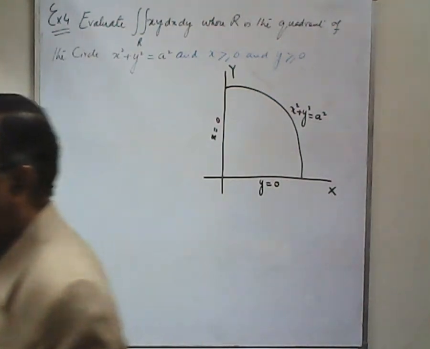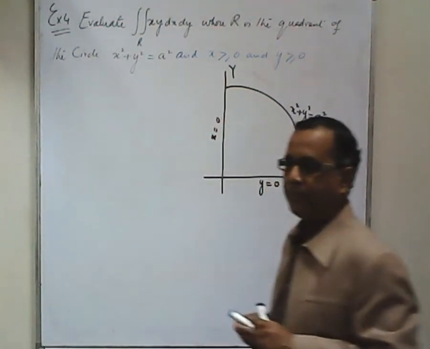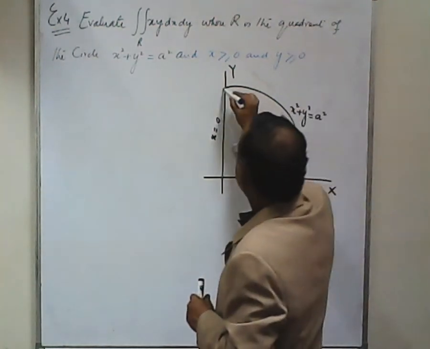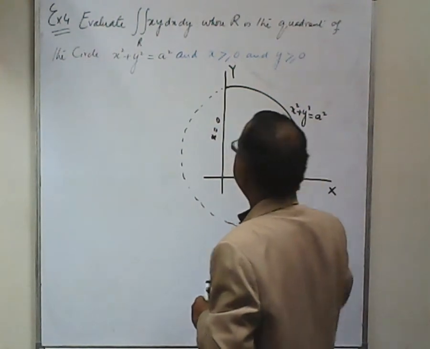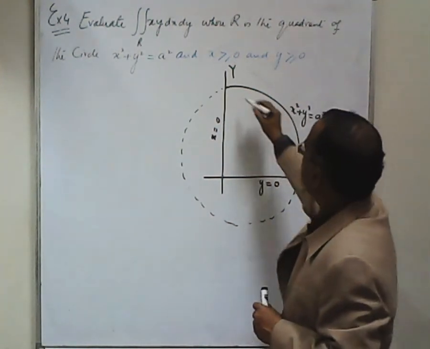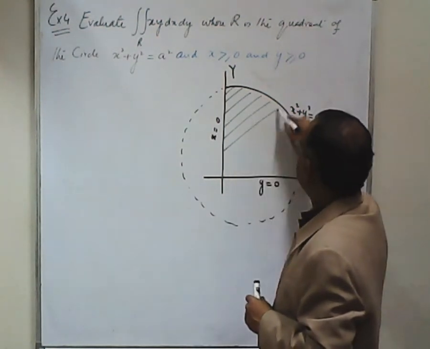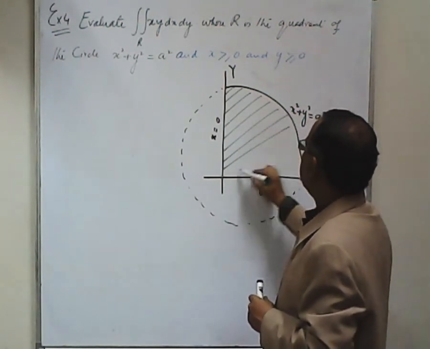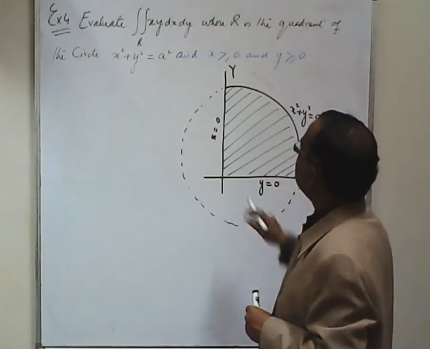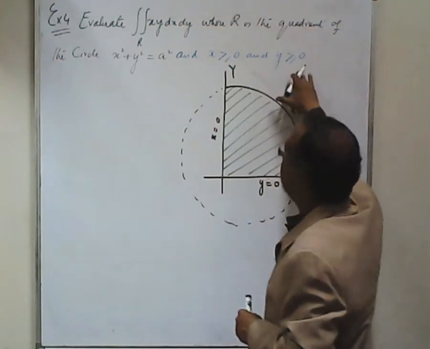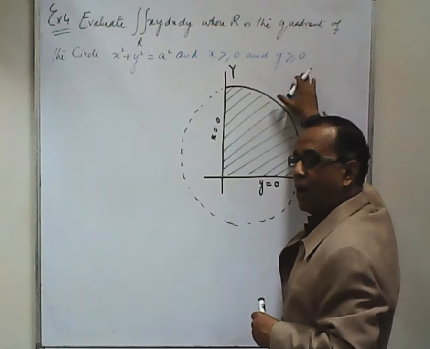So now the question arises, why didn't I plot the whole circle? Actually, this is the whole circle, and I am only considering its positive quadrant. Why? The reason is simple and obvious, because x is greater or equal to 0 and y is greater or equal to 0, showing that both these values are positive.